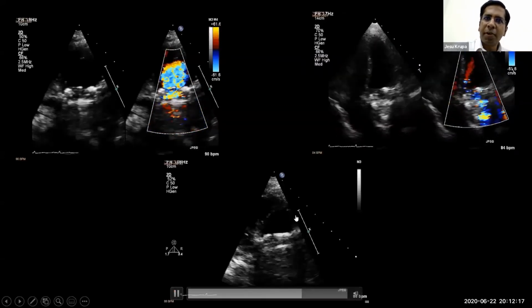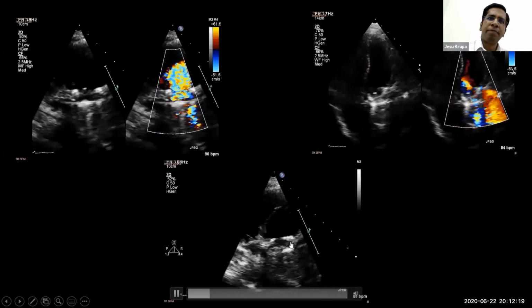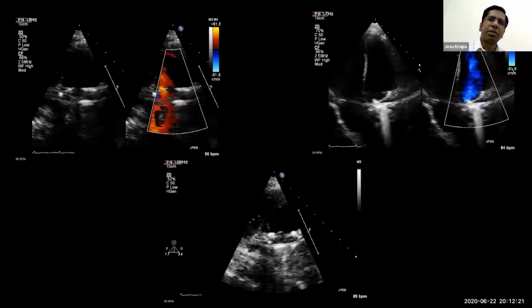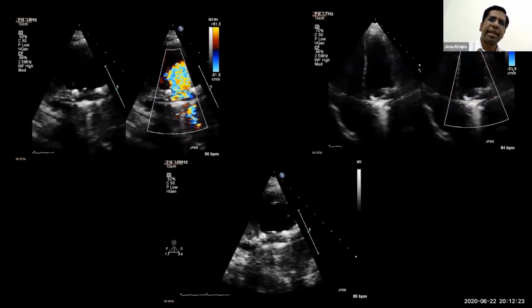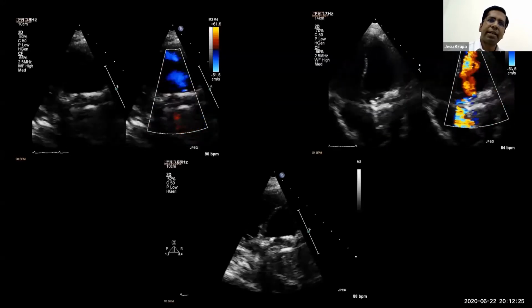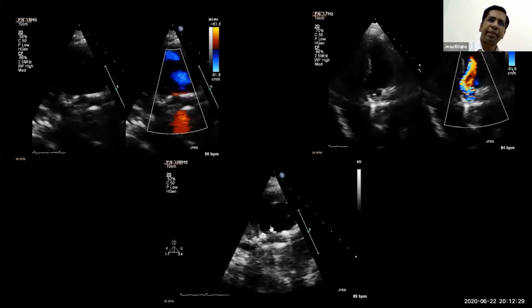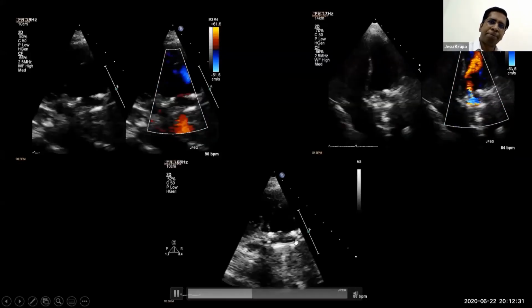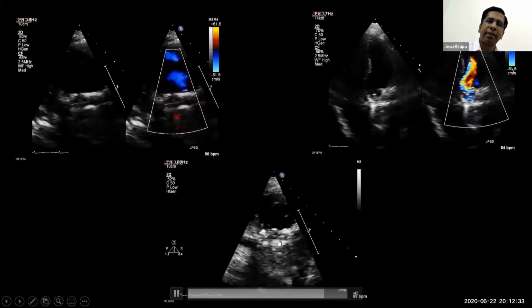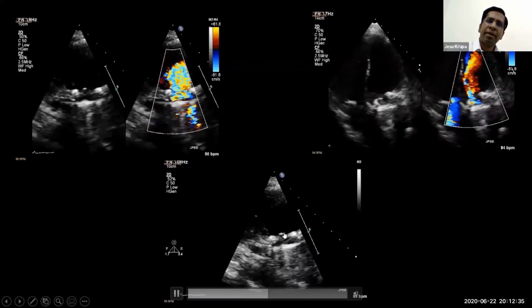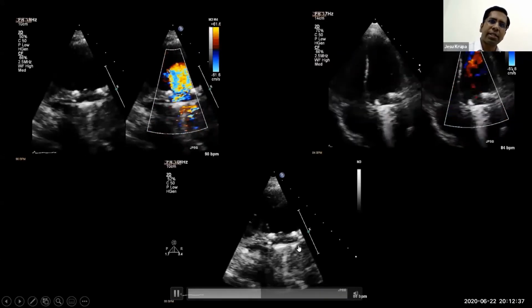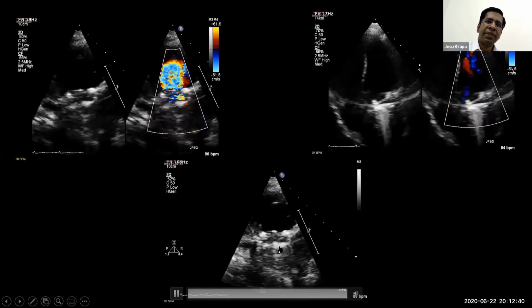And this is a modified short axis view, which I will also continue to show through today's cases. Next time you get a bileaflet valve, you try to get something like this, wherein you can get rid of the shadowing. Not the typical short axis view, but a slightly modified short axis view going to two-chamber view.